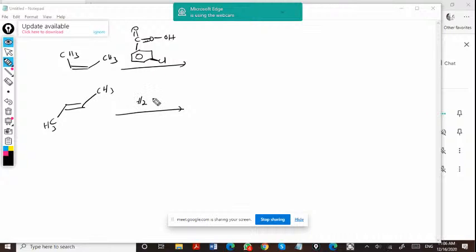Here I am taking hydrogen peroxide. So this is also an epoxidation reagent. So is it going to give cis product or trans product, if it is epoxide?